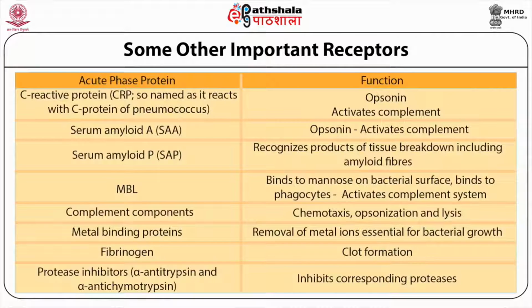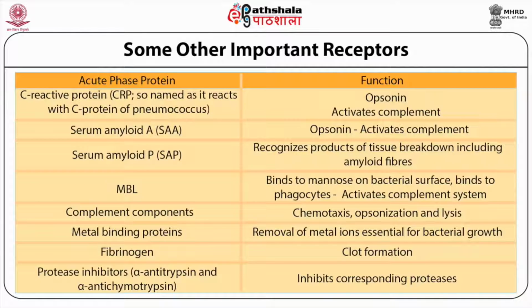This table shows examples of the various acute phase proteins. Please note that complement components are also considered part of these acute phase proteins. Some of these acute phase proteins occur in the form of similar pentagonal subunit associations, and those which have this kind of structure are classified as pentraxins.